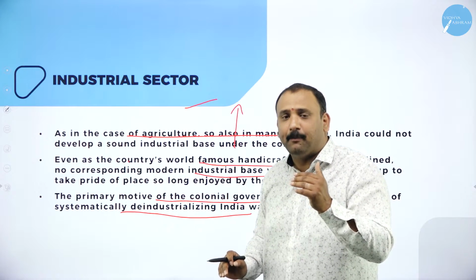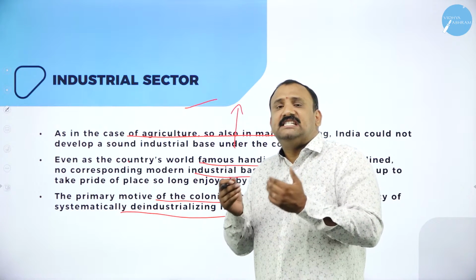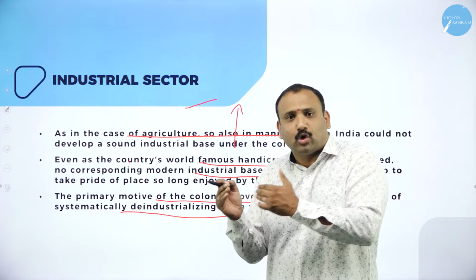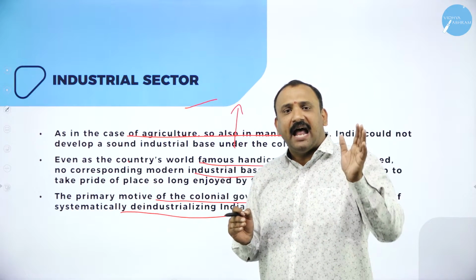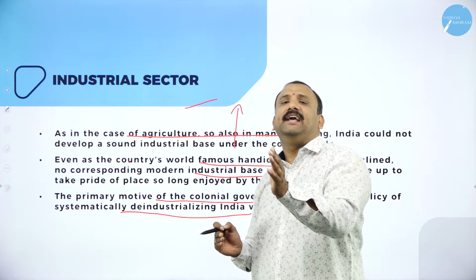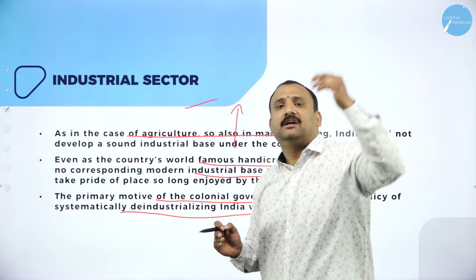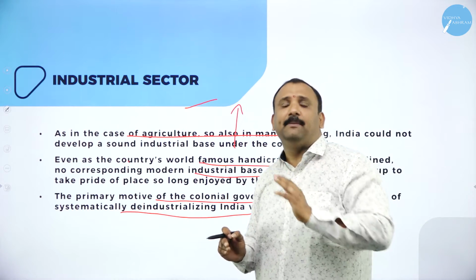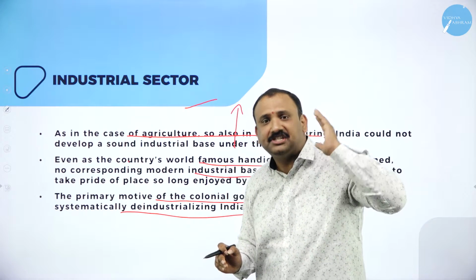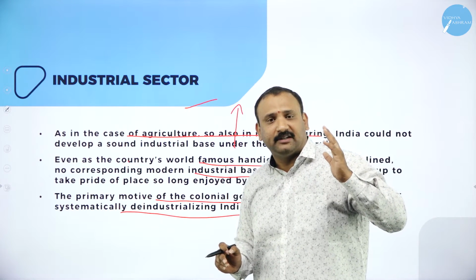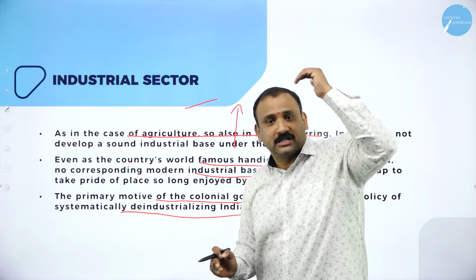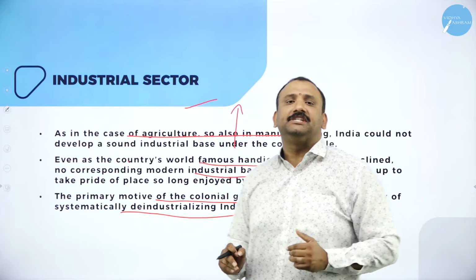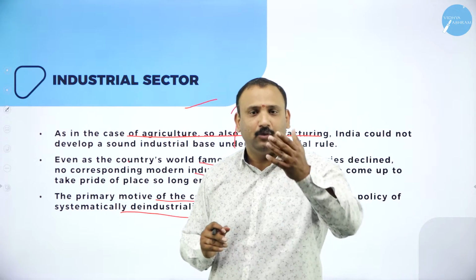What was given importance by the British is self-interest. They wanted to corner themselves, they wanted to grow only the British sector, and they wanted to avoid the Indian name, the Indian brand coming to the world. So that is very important here. That's what we need to understand and analyze: the Indian economy coming up was completely stumped by the British at any given point of time.